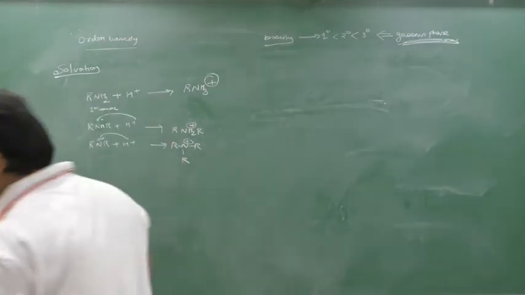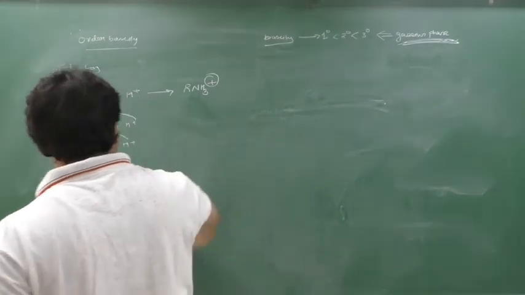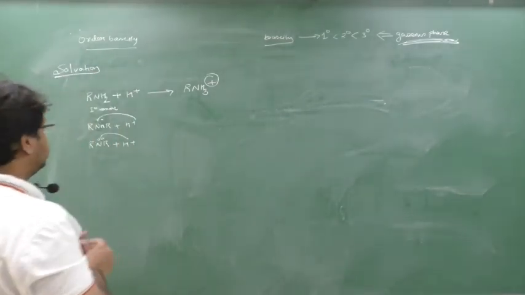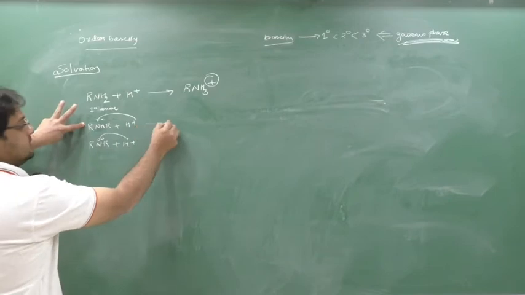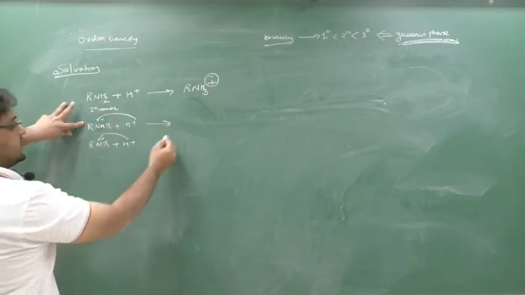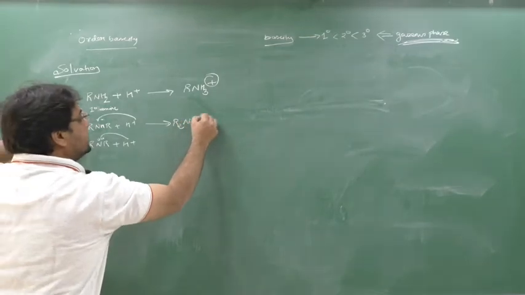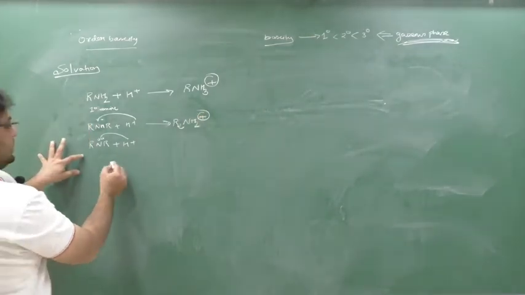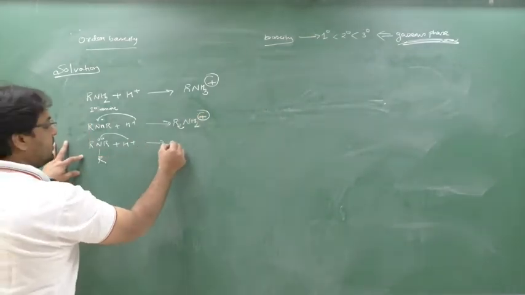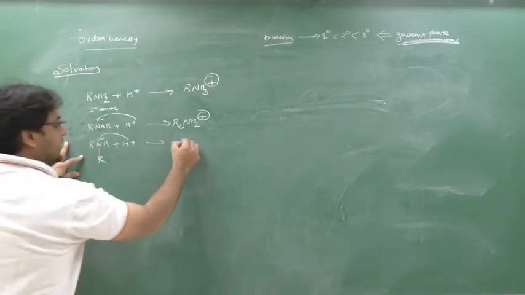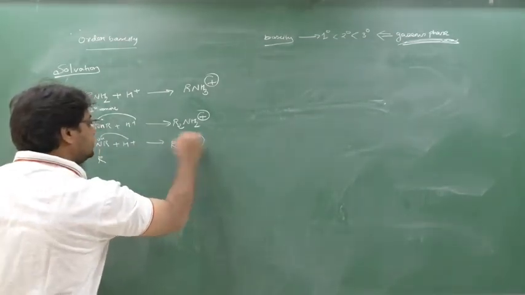Sorry, one minute. I am in a bit of a hurry because a time slot has been given. See here H plus will come. So R2NH2 plus. Ready? Here this is 3 degree, so R3NH plus.